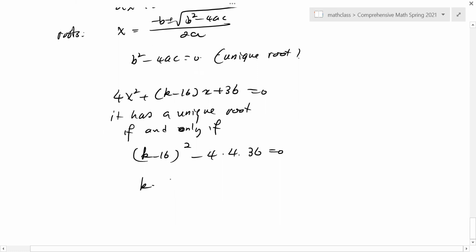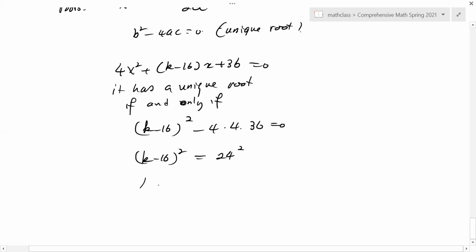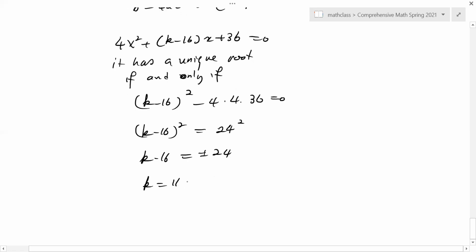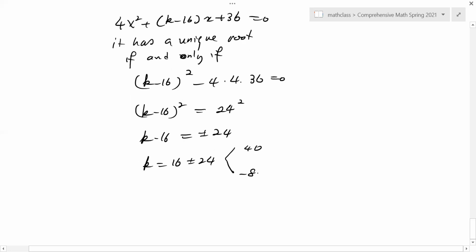So k minus 16 squared equals 4 times 4 times 36, which is 24 squared, okay? So k minus 16 equals plus or minus 24. So k equals 16 plus or minus 24. You have two solutions: add them, 40; subtract, 16 minus 24, negative 8. So k has two possible values. That's it. So there are only two possible values of k that make it a perfect square.